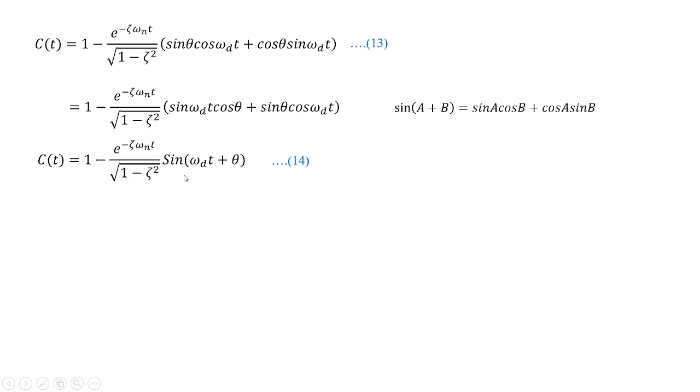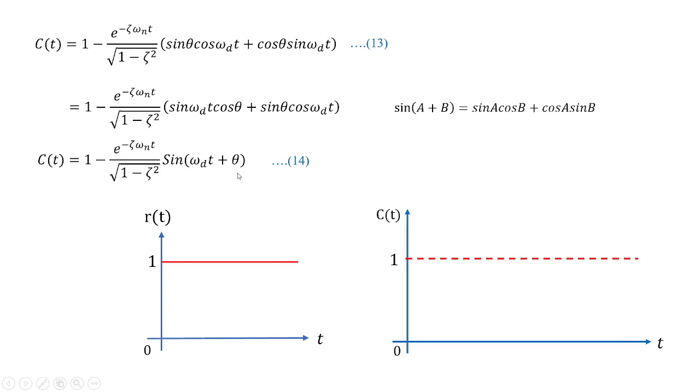So it's an exponential term and a sine term. When you apply this r of t as input to the second order system under underdamped conditions, you can see we get oscillations and they are getting damped out and reaching the constant 1 condition. So this is the output response c of t.